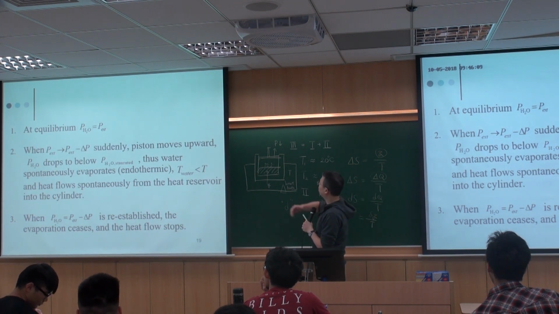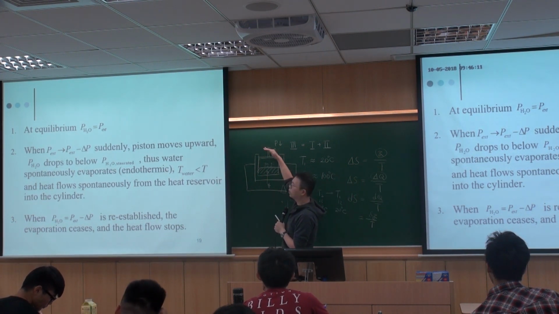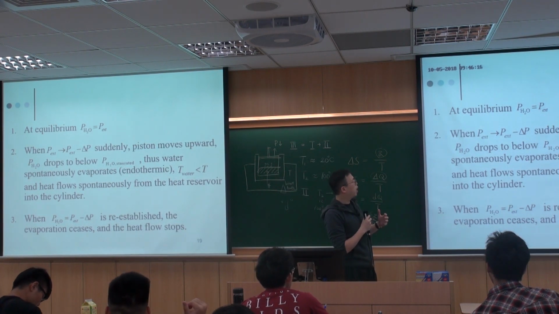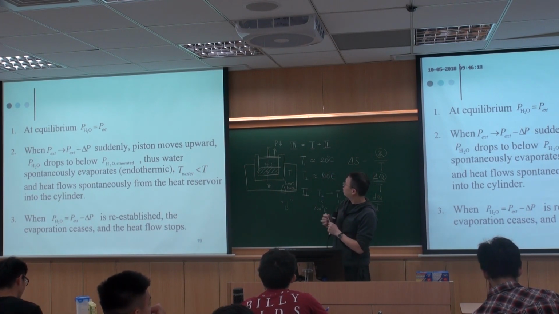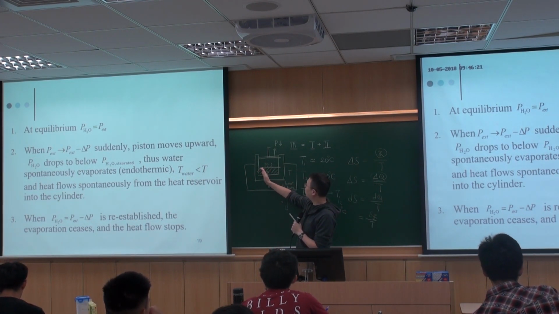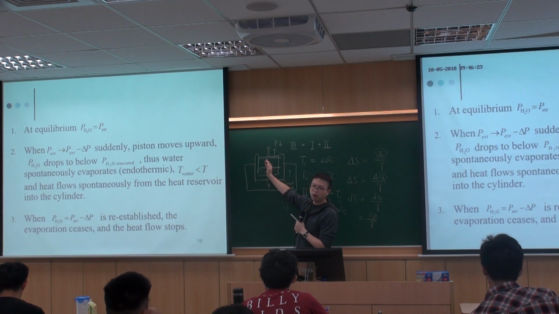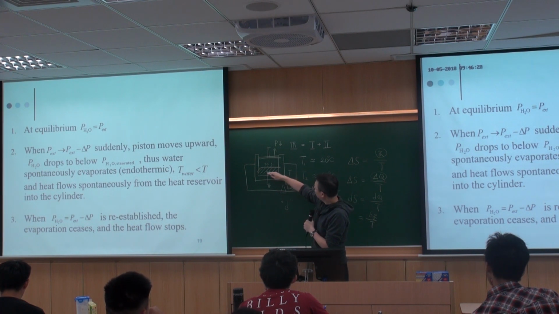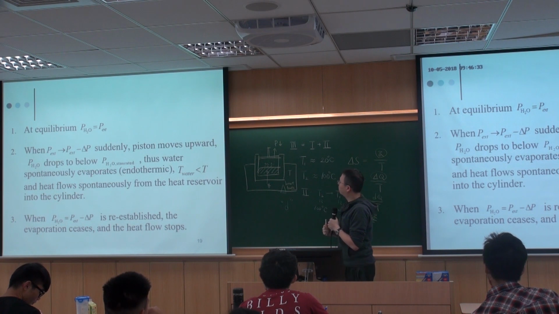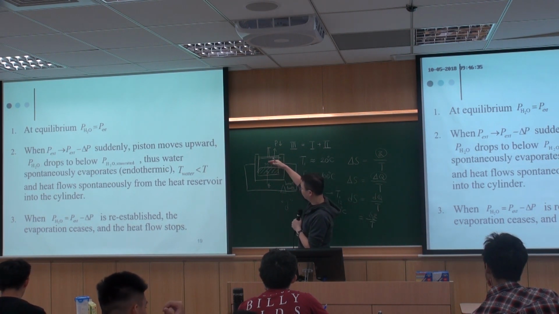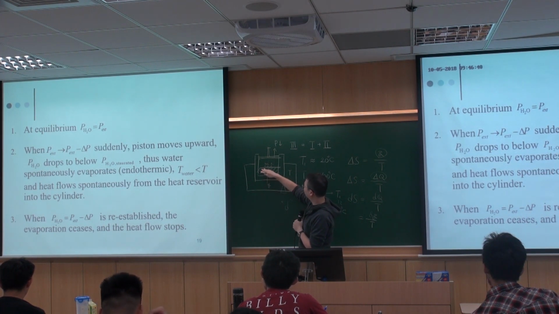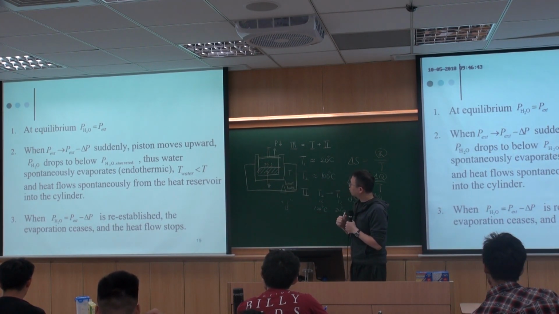So only at the beginning, when you move this up, there's a sudden change of evaporation. However, after a while, when a certain amount of water has evaporated into the vapor part, we know that the pressure will start to build up, and then these two sides will have the same saturated pressure, and therefore the equilibrium will be reached.